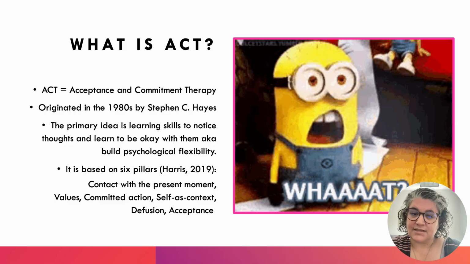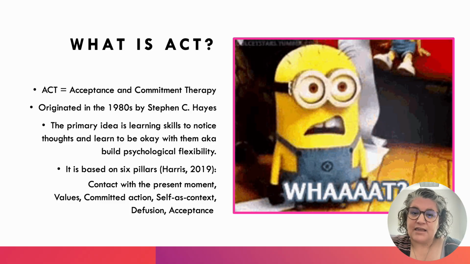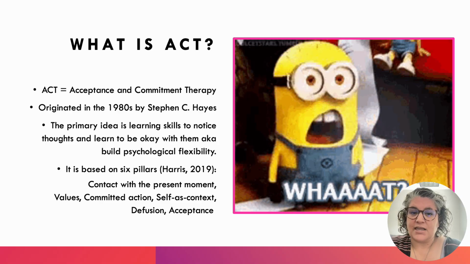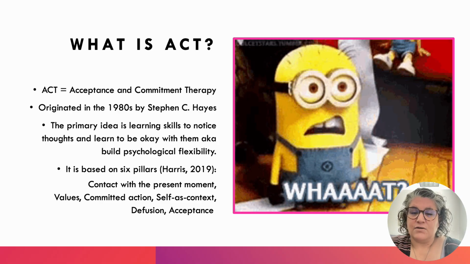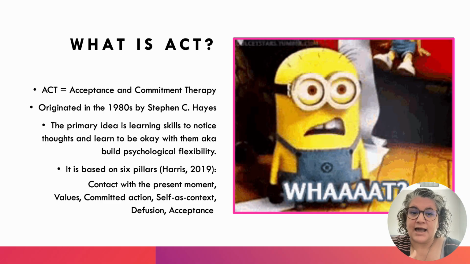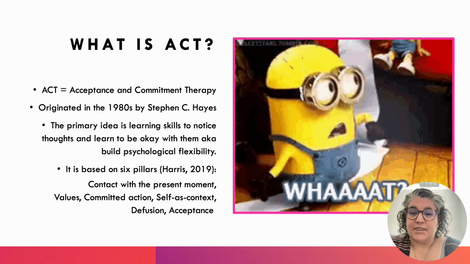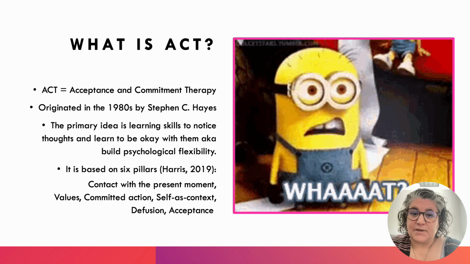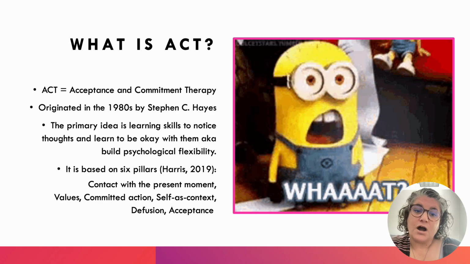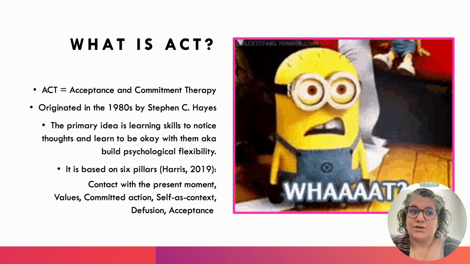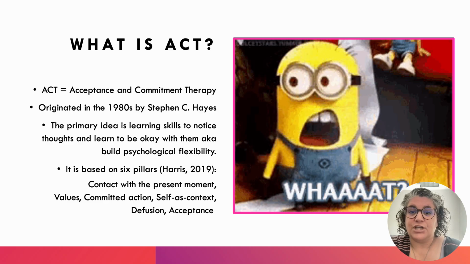Before that, in the 1970s, Aaron Beck used comprehensive distancing to step back and notice thoughts, which is a lot of what ACT is based on. But in the 70s, Beck used this as part of cognitive therapy, to notice the thoughts in order to change them.